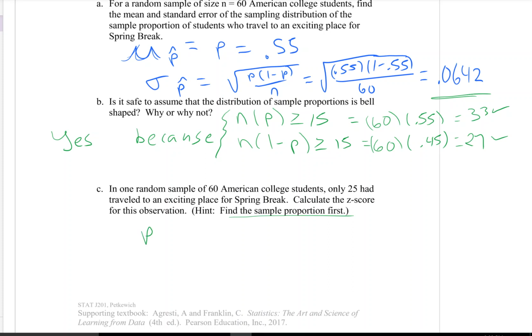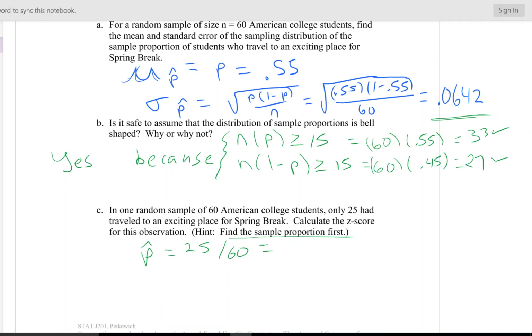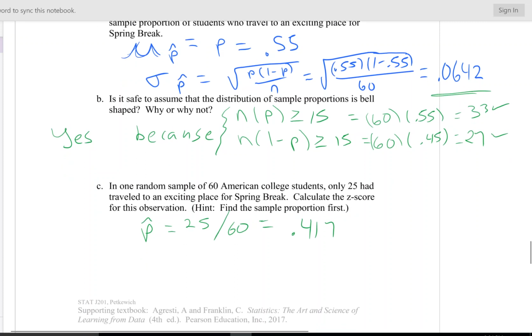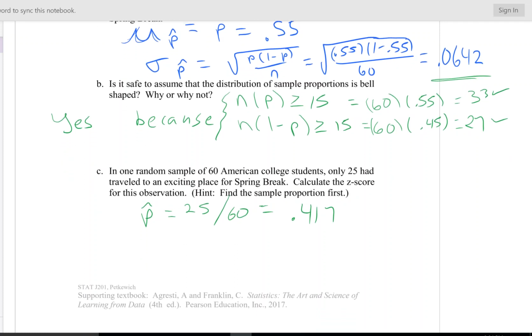So let's go ahead and figure out that p hat, for this one sample that we've observed, has a sample proportion of 0.417. Now I want to say, what is the z-score for this?